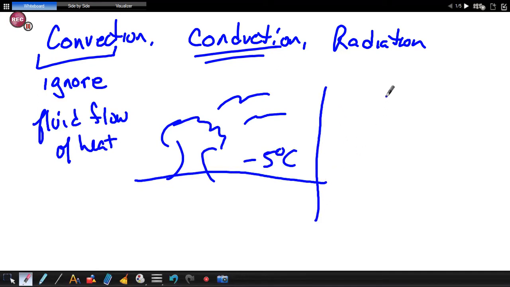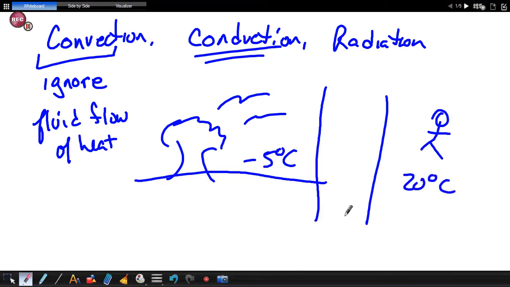And then we have the wall of your house, and then you're in your house, and it's 20 degrees Celsius. So heat is going to go through this wall. It has to. All right, no matter how insulated it is, it has to go through it.